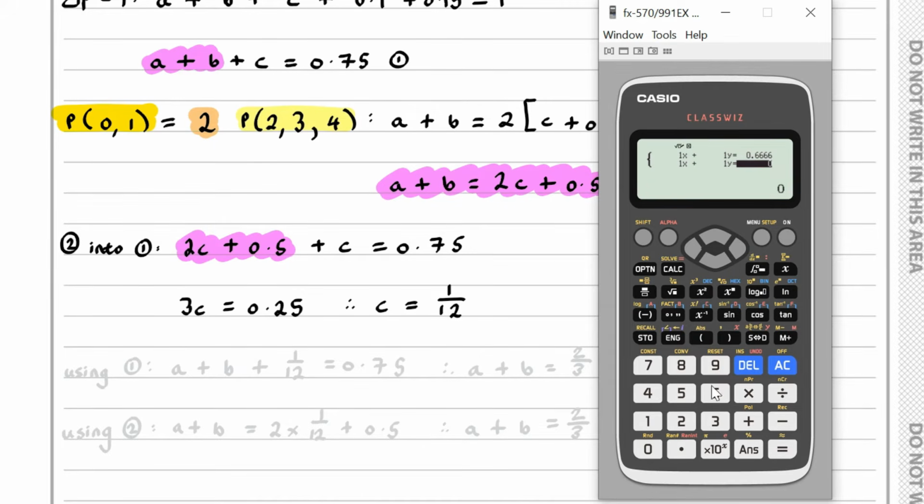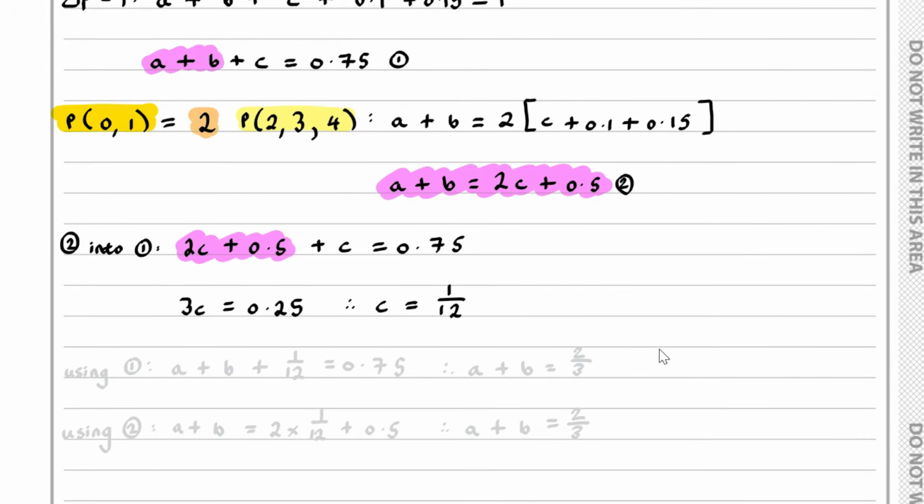We see here our calculator tells us we've got an infinite number of solutions. And that doesn't make a difference in this question. It doesn't matter what a and b are, because we're not interested in them to find the probability of scoring a total of 6 points. But we'll write it down for completeness.